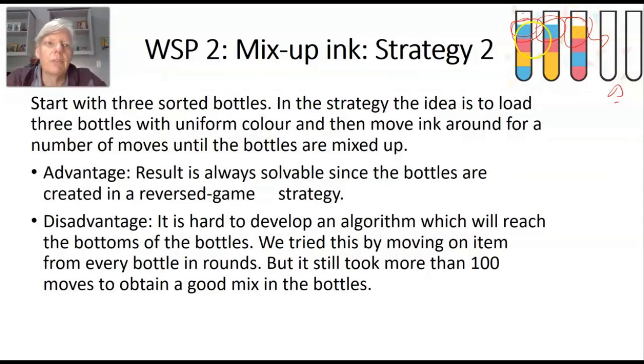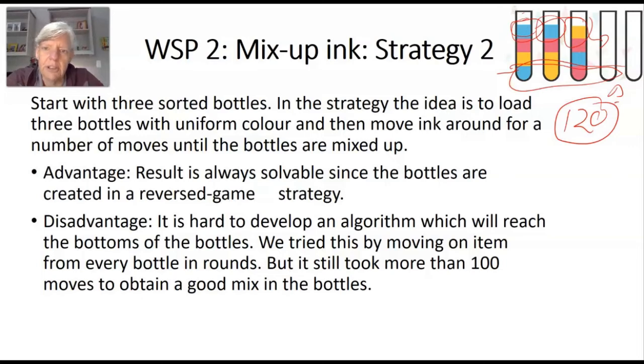And then again, one from bottle 1, one from bottle 2, one from bottle 3 to another bottle. If I do it enough times, I think I ended up with something like 120 moves, then I managed to reach the bottom of the bottles when I scramble it.